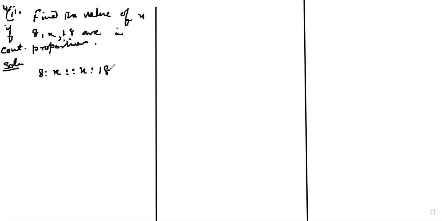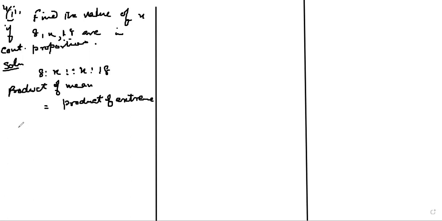Okay. So now using the property of proportion, we have product of means equals product of extremes.